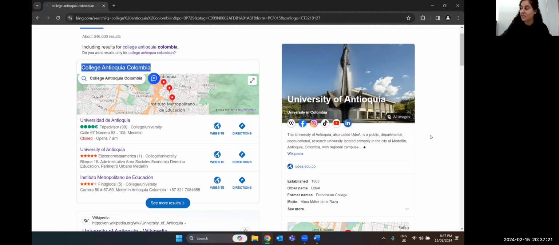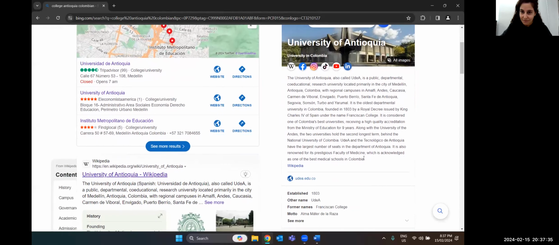So English and Spanish. Yeah. It's a public research university in the city of Medellin, Antioquia, Colombia. It's the oldest department university in Colombia. Started in 1803. So that's good information that you can tell us about this university.